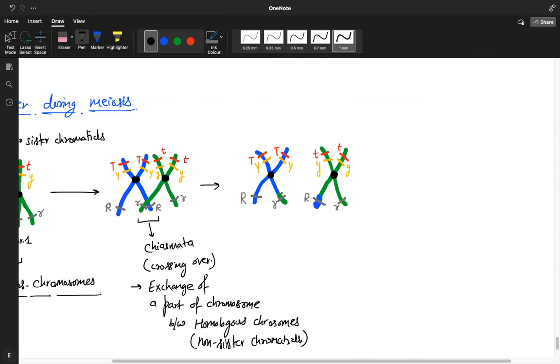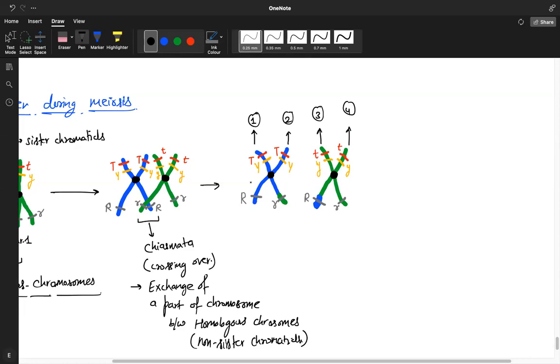Haploid means they will have only one copy, right? So to have one copy, the cells need to divide all these 4 chromatids. This is chromatid 1, chromatid 2, chromatid 3, and chromatid 4. They all will separate from each other, and one chromatid will go into each cell.